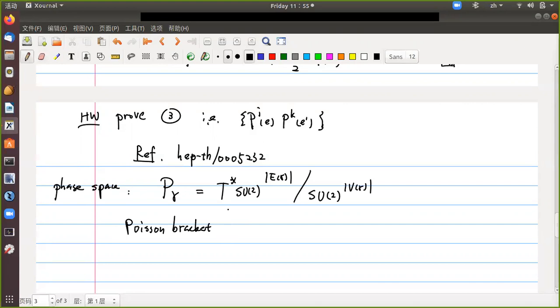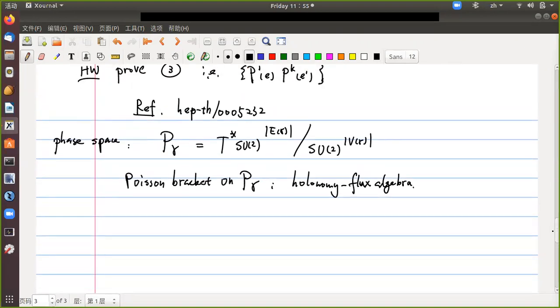Now, once we have the phase space, we can proceed with quantization. So now let's come to quantization. This is the starting point of loop quantum gravity.